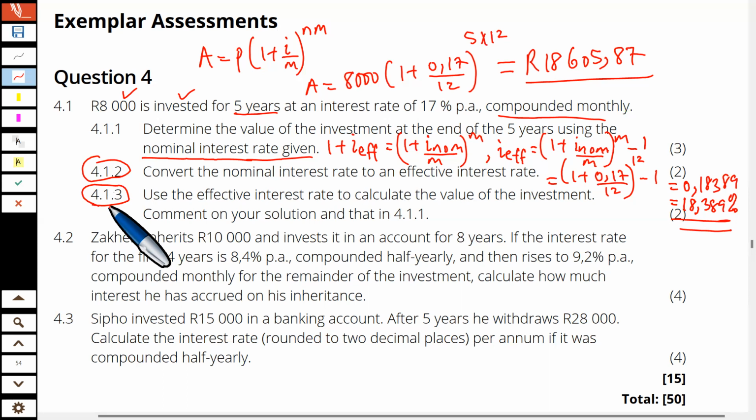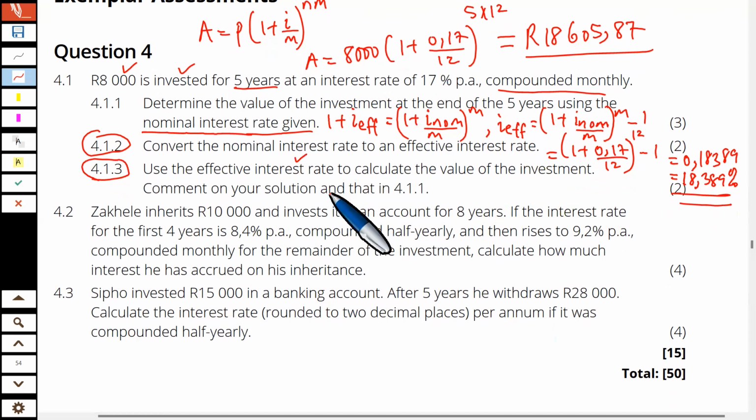You need to use the effective interest rate which you just got, 18.389%, to calculate the value of the investment. Okay, let's find the value of this investment. So in other words, the effective interest rate is the annual rate.